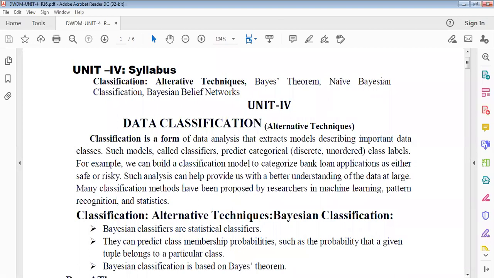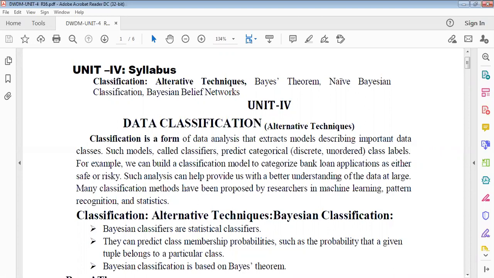In the fourth unit we mainly discuss Bayes theorem, Bayesian classification and Bayesian belief networks. These are the concepts regarding these alternative techniques of classification.